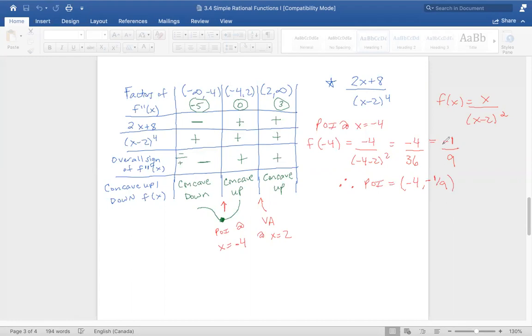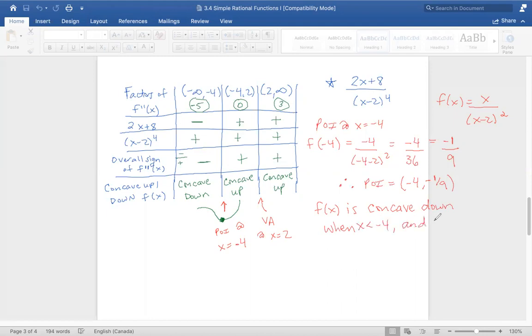Okay, so that's done step number 6. So we're pretty much on sketching now. I just have to put some conclusions here. I haven't listed when I'm concave up or down, right? So f of x, if we want to say concave down first, the original function is concave down when x is less than -4, right?